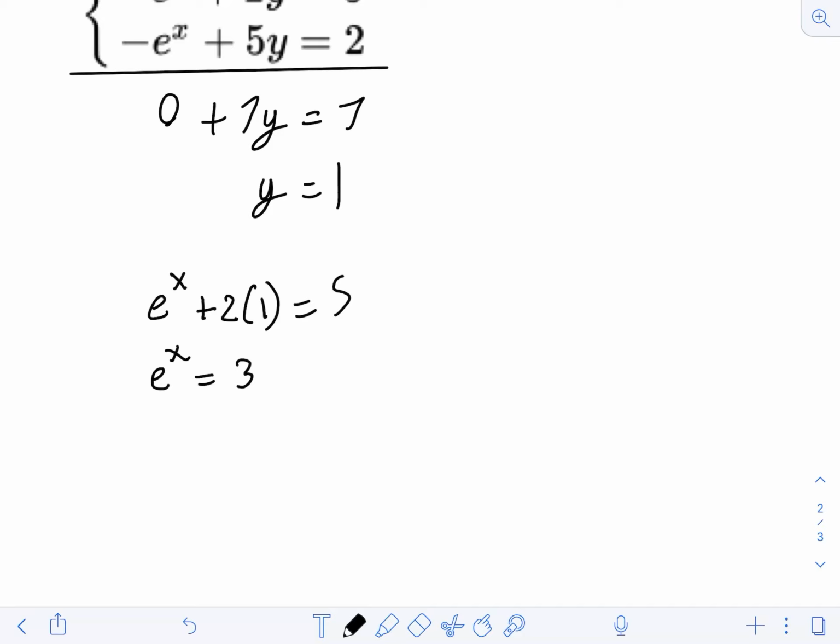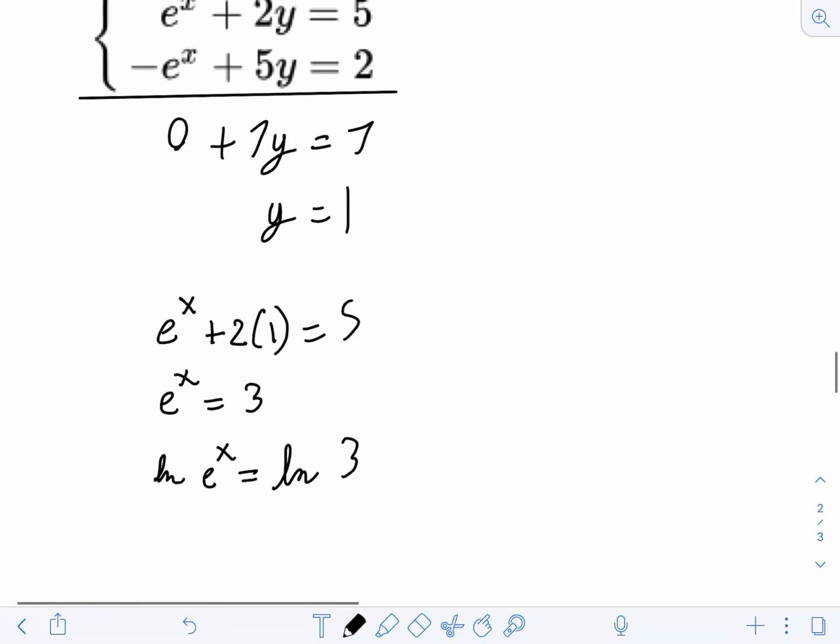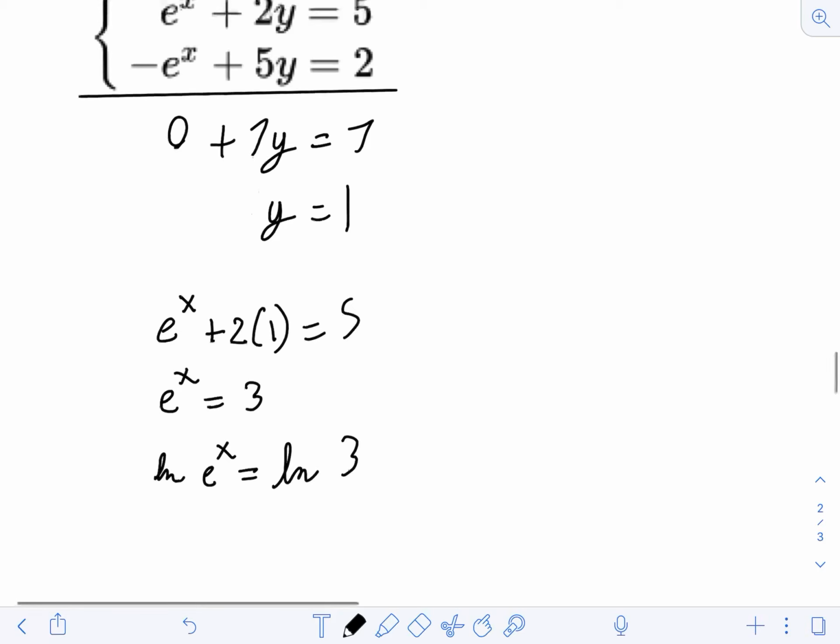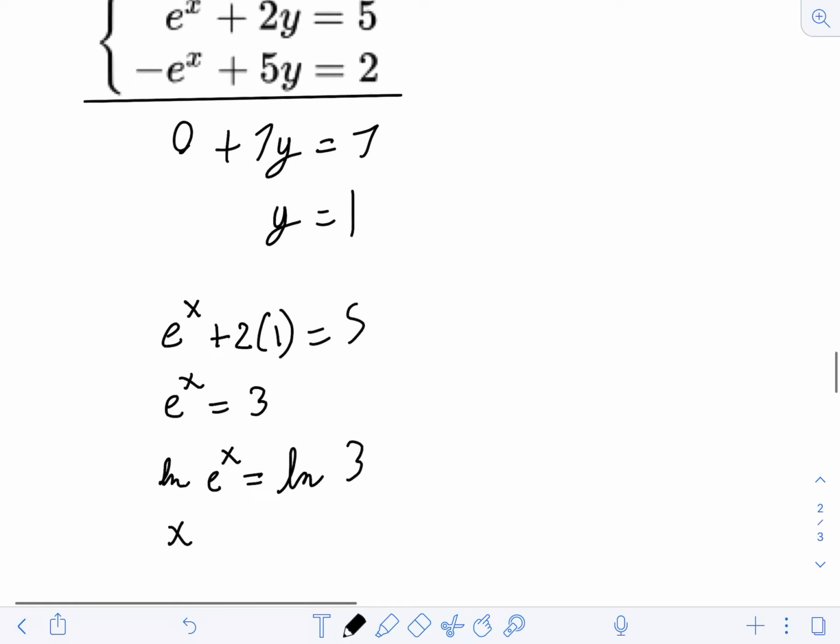We use the logs, and specifically the natural logs. This is the inverse function. So we would use the natural log of e to the x is equal to the natural log of 3. As you know, the x would go out in front using the power rule, and the natural log of e is really 1, so it ends up being x is equal to the natural log of 3.